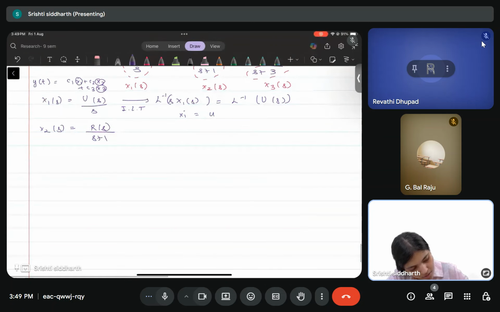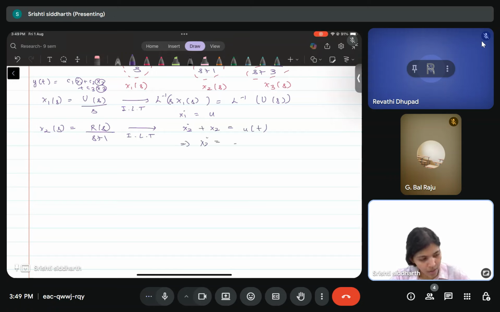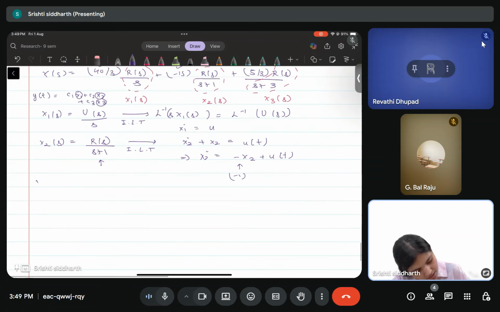Let's see the inverse Laplace transform. What do we get? We get x2 dot plus x2 equals u(t). X2 dot is minus x2 plus u(t). So this is minus 1 in the A matrix for the eigenvalue of minus 1. Alright. And then the last state is X3(s), which is R(s) over s plus 3. We have to take the inverse Laplace transform.